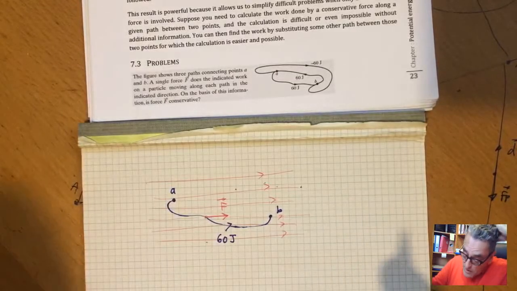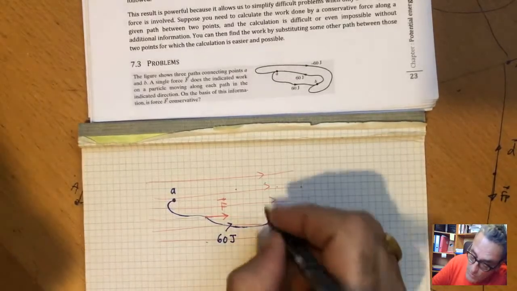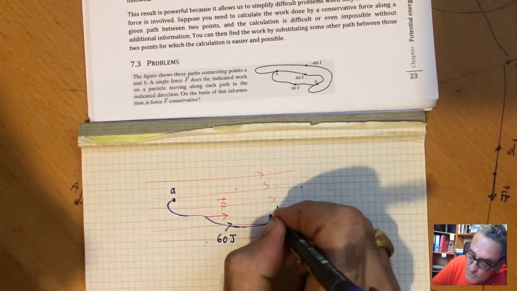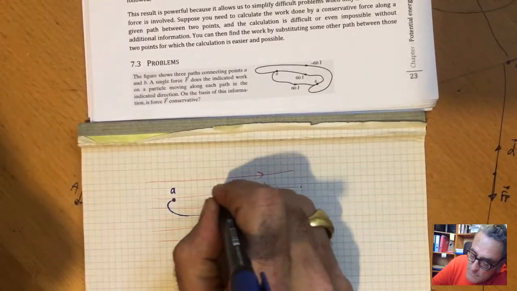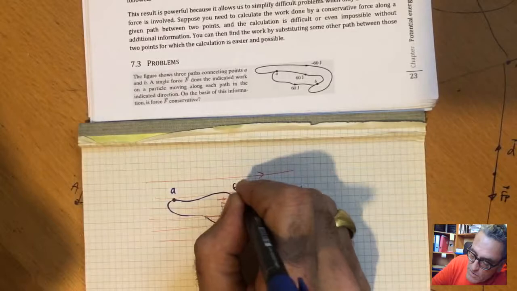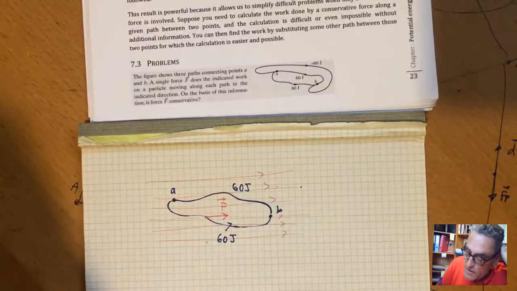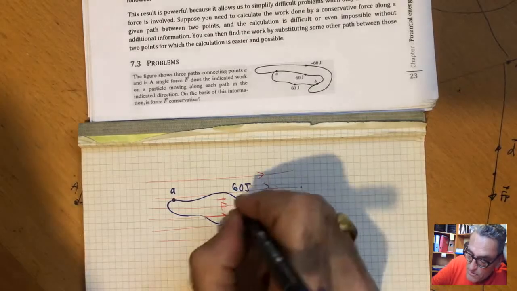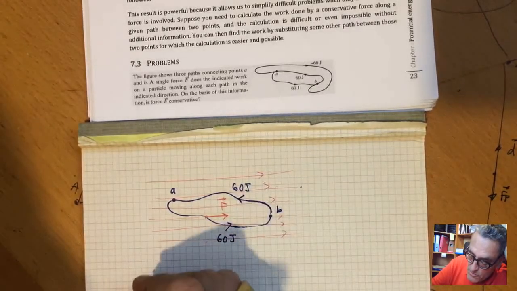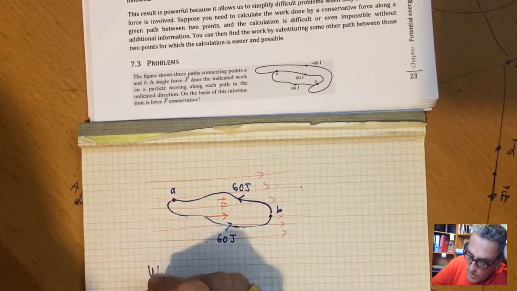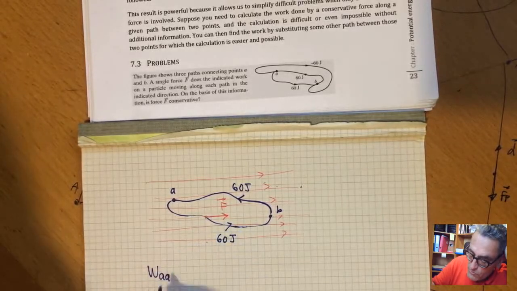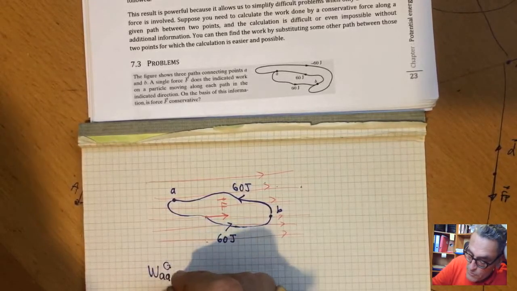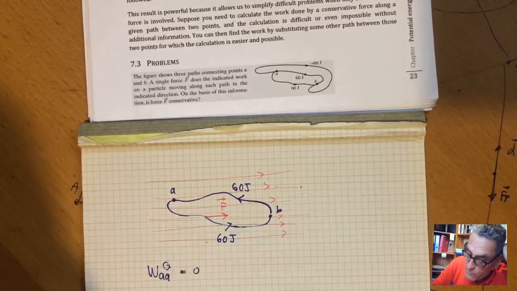Fine. Now when we come back, we have 60 joules again. Do you like that? Does it look conservative? You know that the work from A to A over a closed loop should be 0 if the force is conservative.